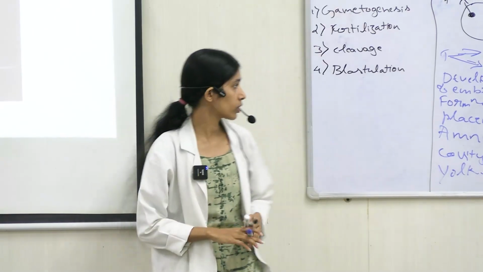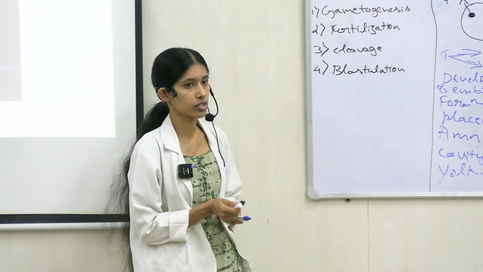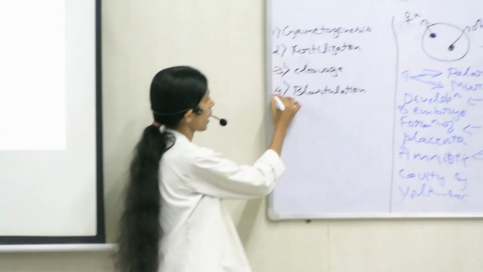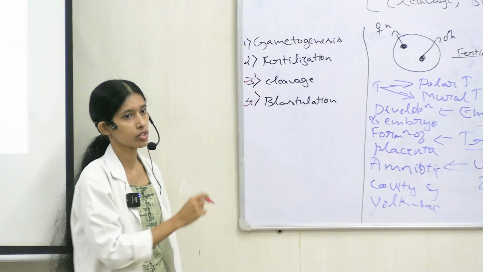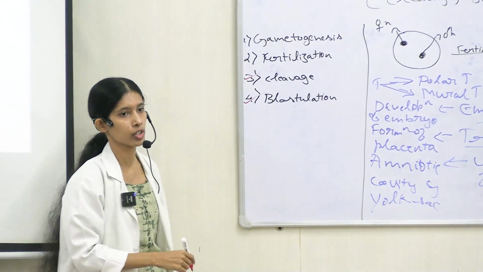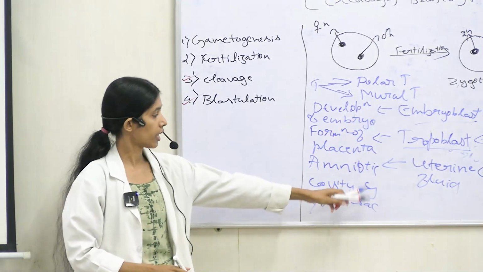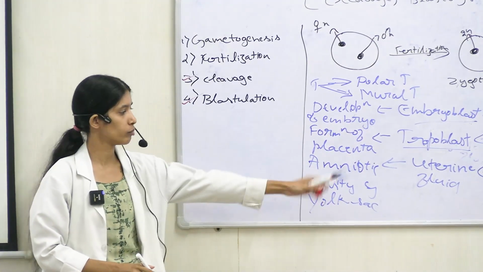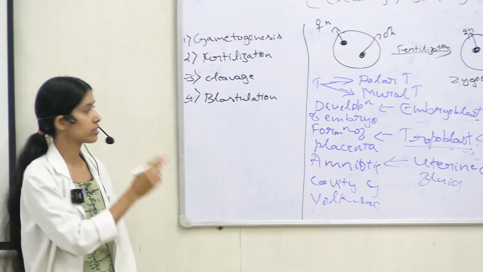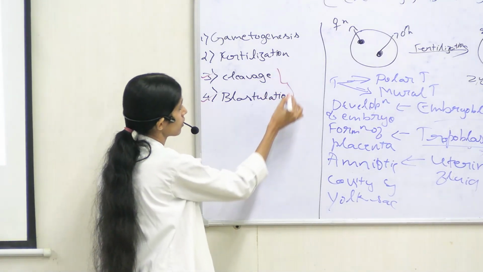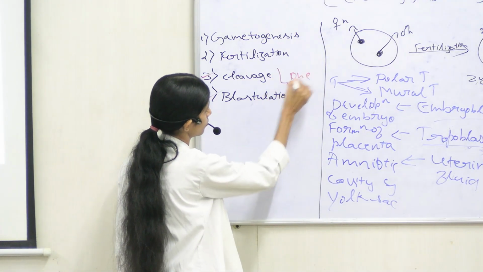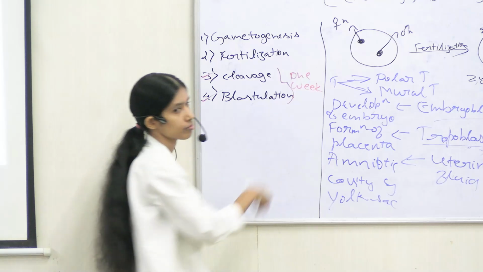So the whole process of cleavage and blastulation, your blastulation also includes the formation of the trophoblast and embryoblast and the blastocyst cavity. All these events happen in one week.